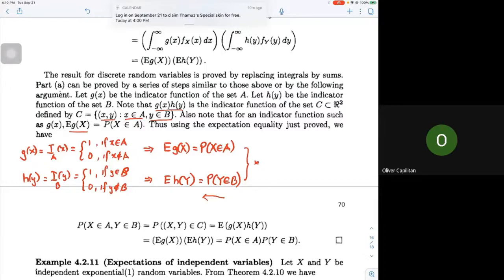To wrap it up, for section 2, we started with the conditional distributions, both for the discrete case and the continuous case. And after that, we discussed independence of two random variables.